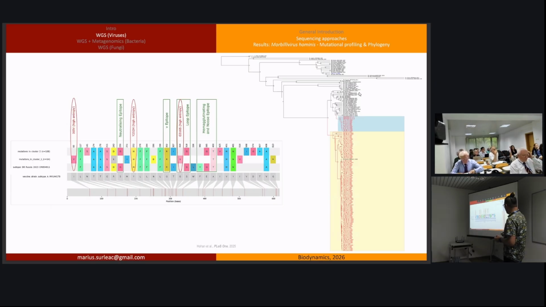And based on the multiple alignments of the sequences, we can do phylogenetic analysis to see how these viruses evolve. And in this case, we have some data for nasal cases.